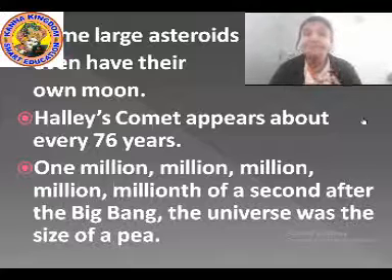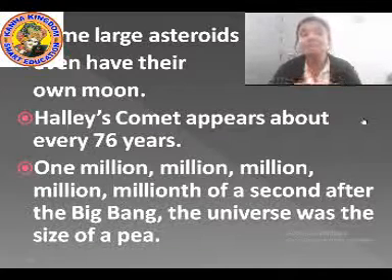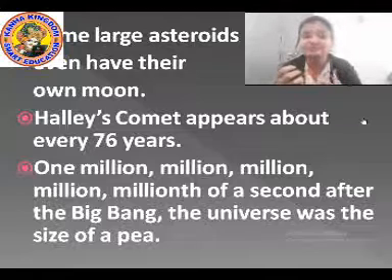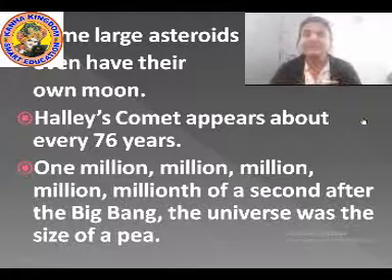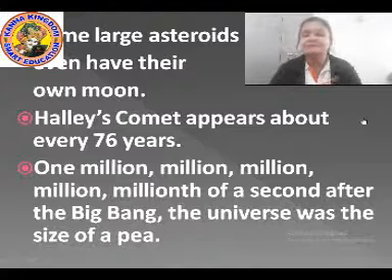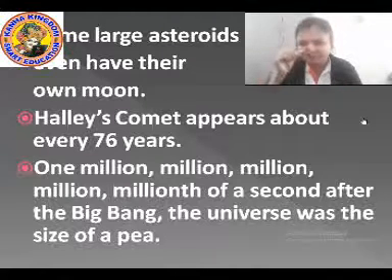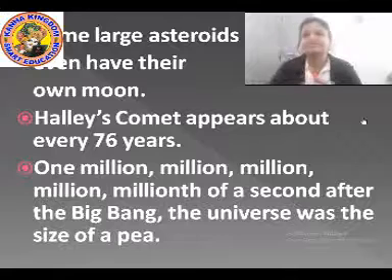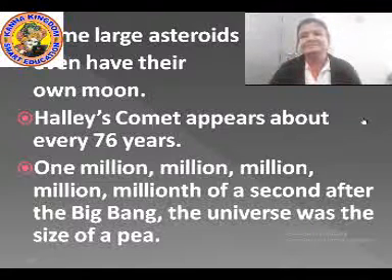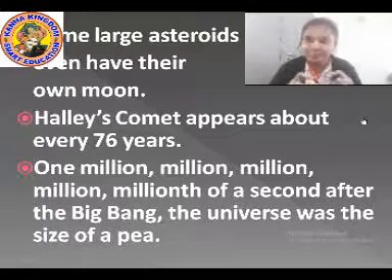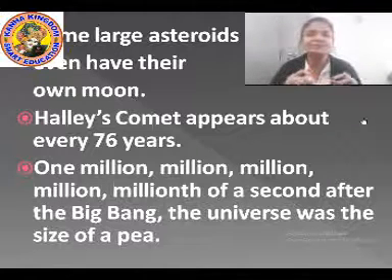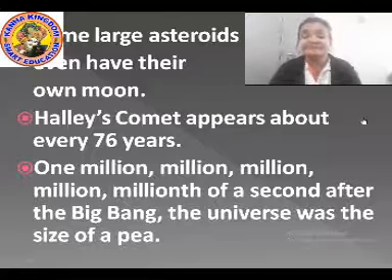One millionth of a second after the Big Bang, the universe was just the size of a pea. What is a pea? It is green in color. It is a vegetable. A pea pod has many peas inside, 2 or 3 or 5 something. It is a vegetable and everybody likes it.